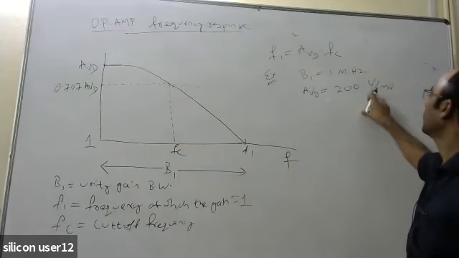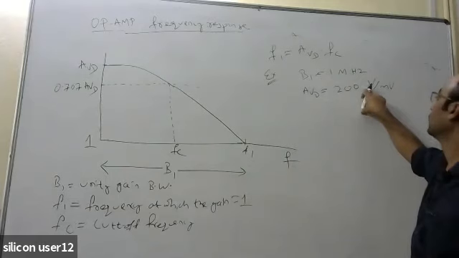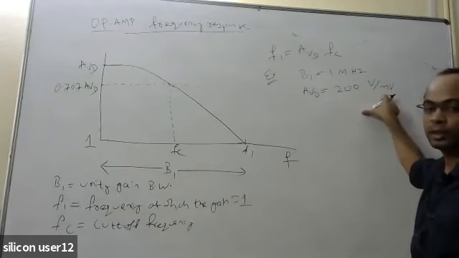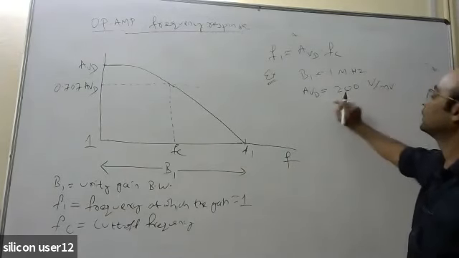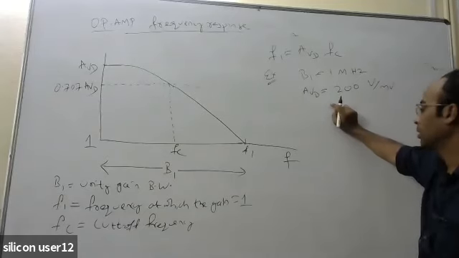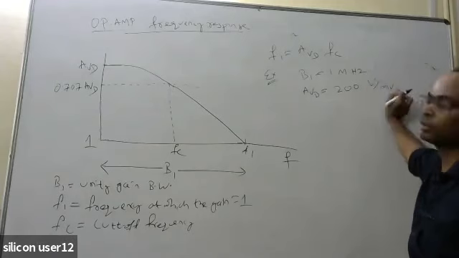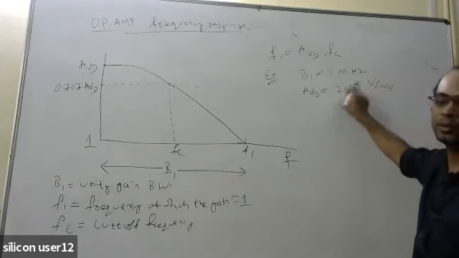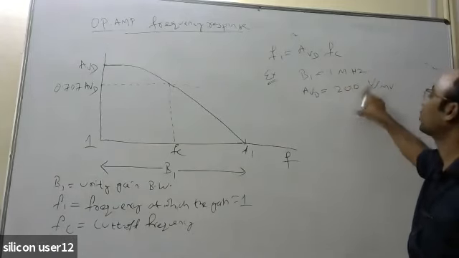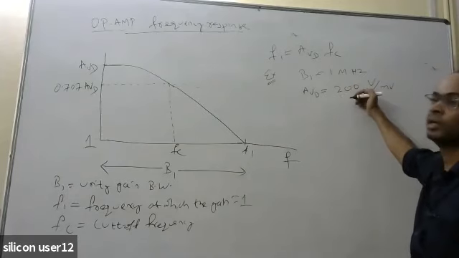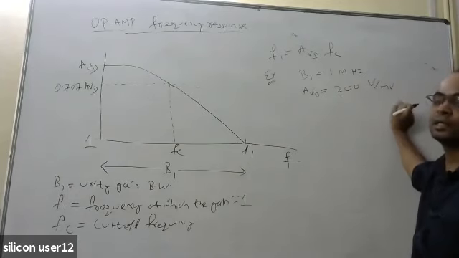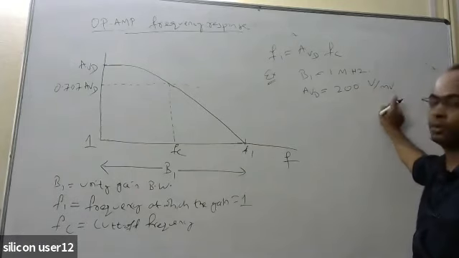Look at the unit, volt by millivolt. The unit of a gain should be unitless, because if it is volt by volt, it will cancel out. But here the output voltage has been taken in volt and the input voltage is taken in millivolt. That's why it is volt by millivolt.